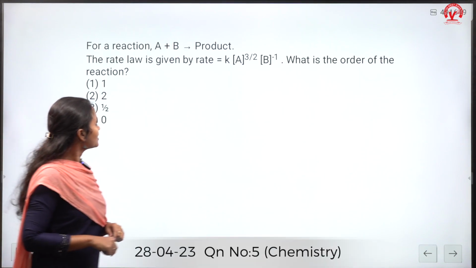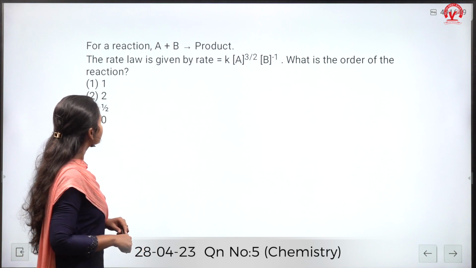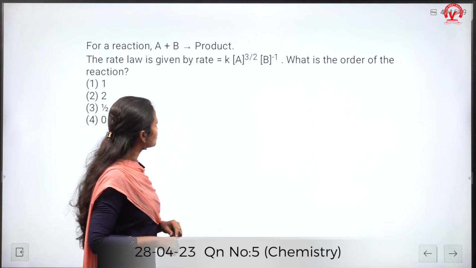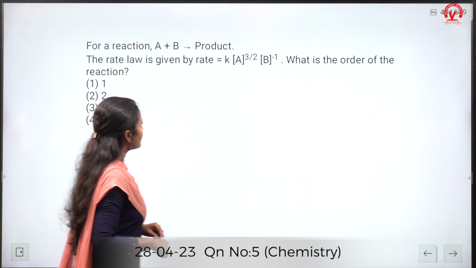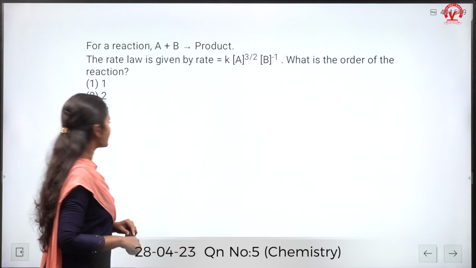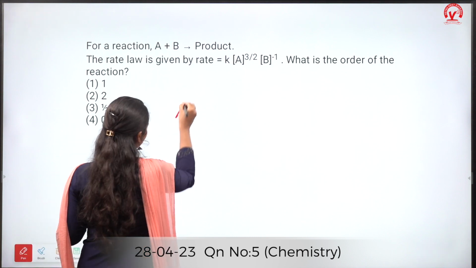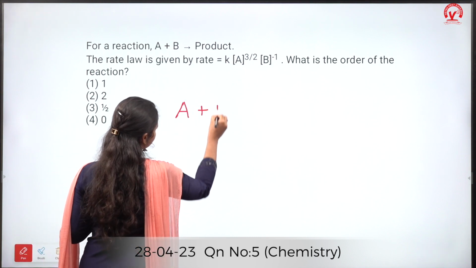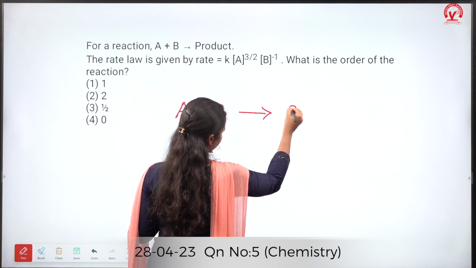For a reaction A plus B gives product, the rate law is given by rate equal to rate constant, concentration of A power 3/2, concentration of B power minus 1. What is the order of the reaction? First we write the reaction, A plus B gives product.